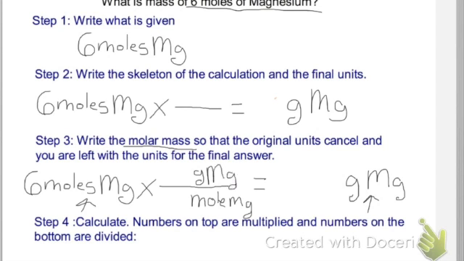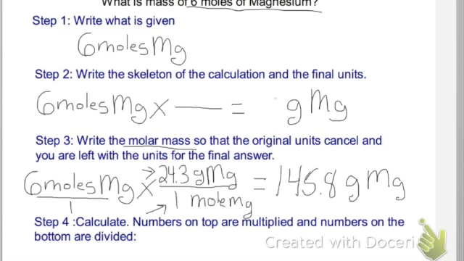At this point, I can add my numbers because I know that 1 mole of magnesium is equivalent to 24.3 grams of magnesium. My calculator tells me that that gives me 145.8 grams of magnesium.